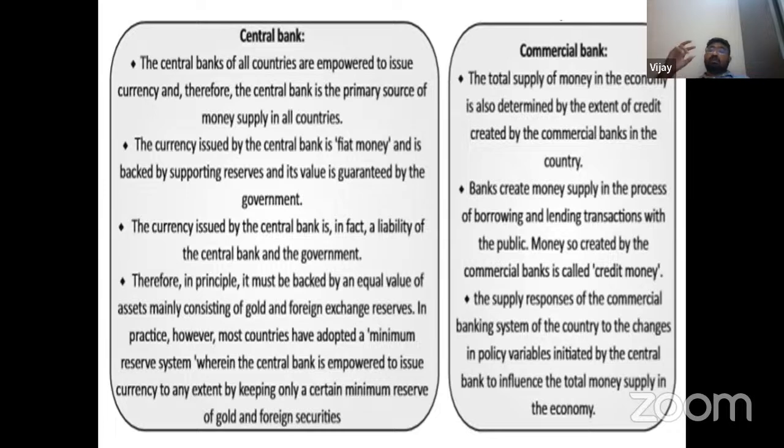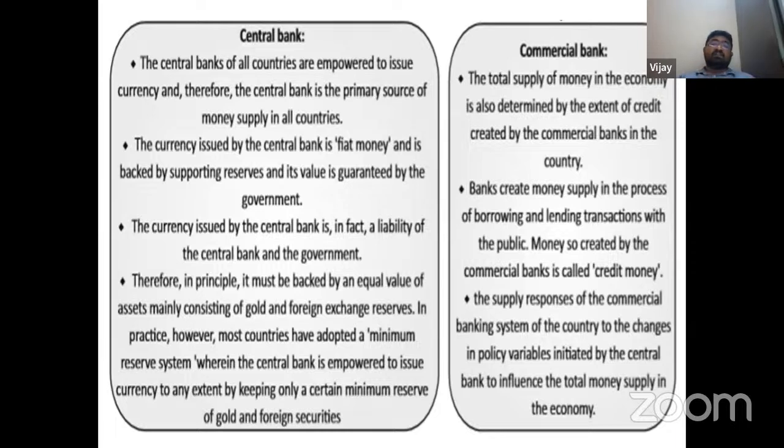There will be a concept called the money multiplier, the high-powered currency multiplier. Assume it is 5 times, then the 500 crores reserve is used to print 2,500 crores of currency notes.